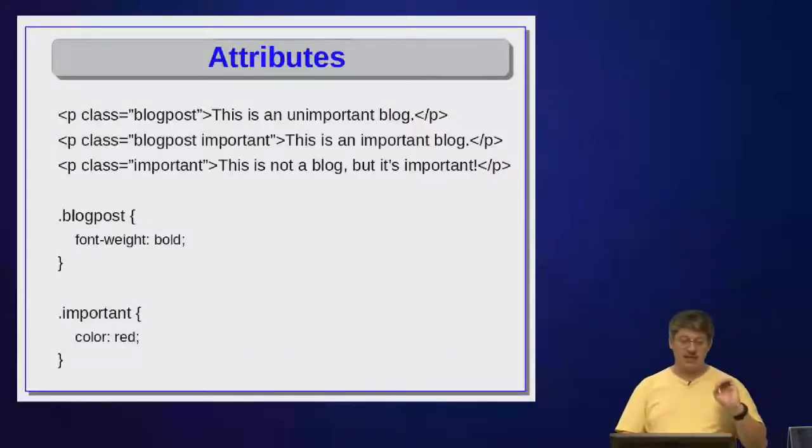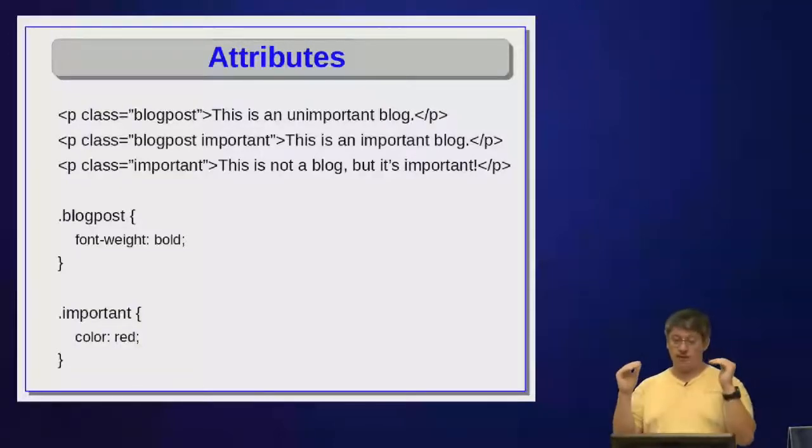If I were to say .blog-post, font-weight bold, we're going to bold all of the things that are in the blog post class. So we're going to put in bold the first 2 paragraphs. The one that says this is an unimportant blog, and the one that says this is an important blog. If I say .important and set the color to red, anything that's labeled important will show up in red.